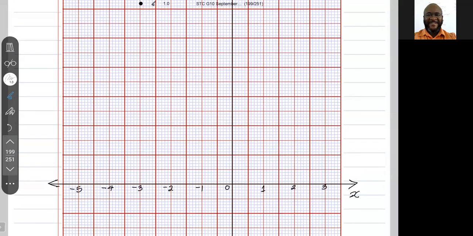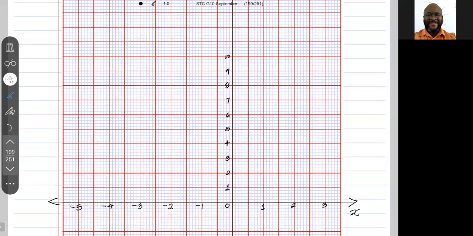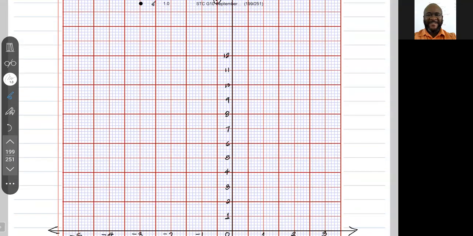It's a different scale. On the y-axis, every centimeter, the number goes up by 1. So this is 1. My graph must at least be able to reach 12, 11, 12, so good. 13, 14, 15.